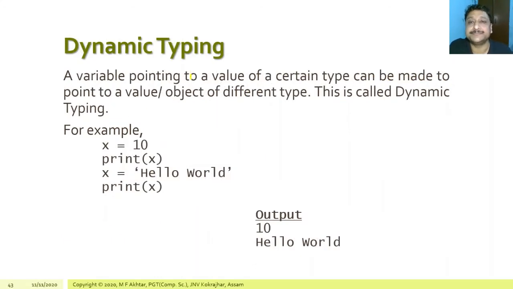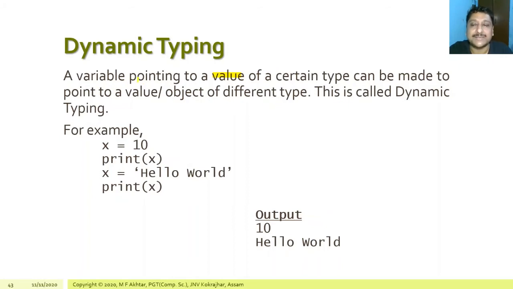Dynamic typing. Python has a special feature that is known as dynamic typing. It is said that no other language supports this type of feature. What is dynamic typing? A variable pointing to a value of a certain type can be made to point to a value or object of a different type.